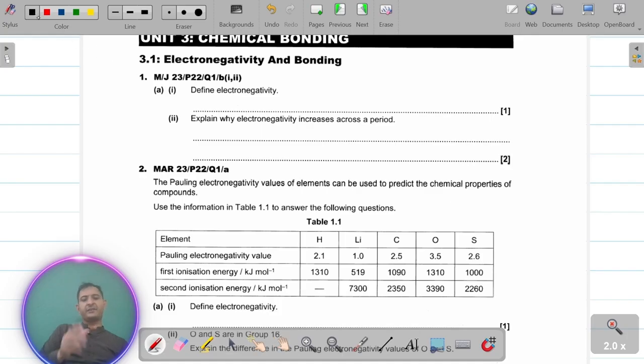Electronegativity is the power of an atom to attract electron pairs.